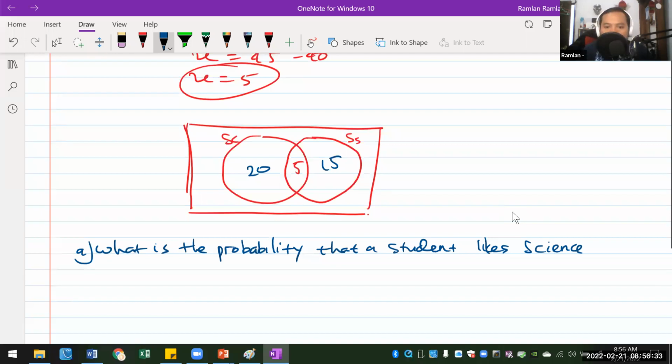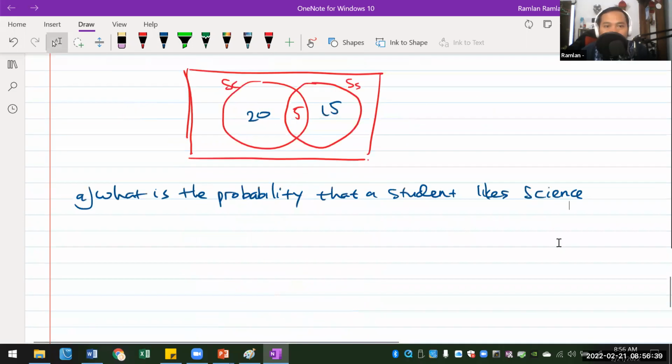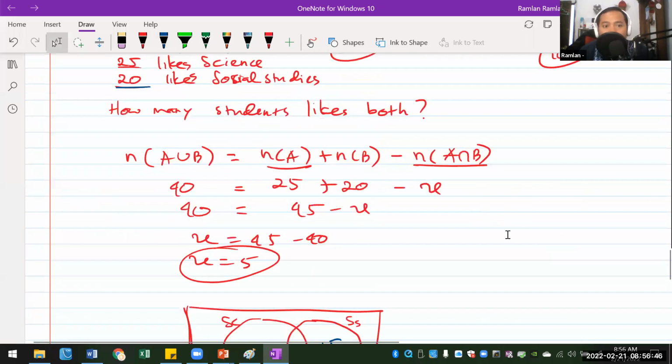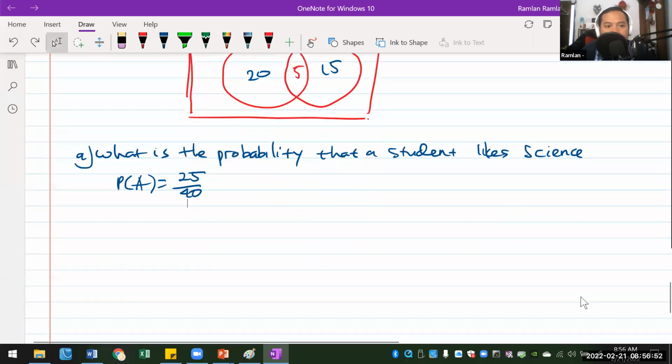And here, quite easy because we know that the student who likes science is 25. So that will be 25 over 40, right? Because we have 25 students who like science, and there are 40 students. Quite easy. But what if I write it down?